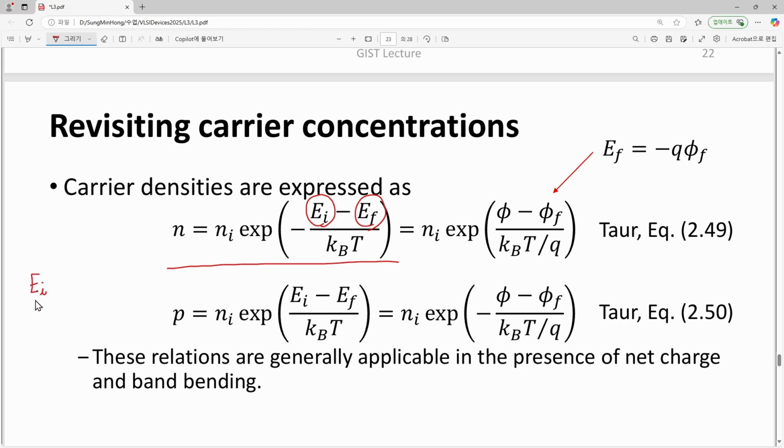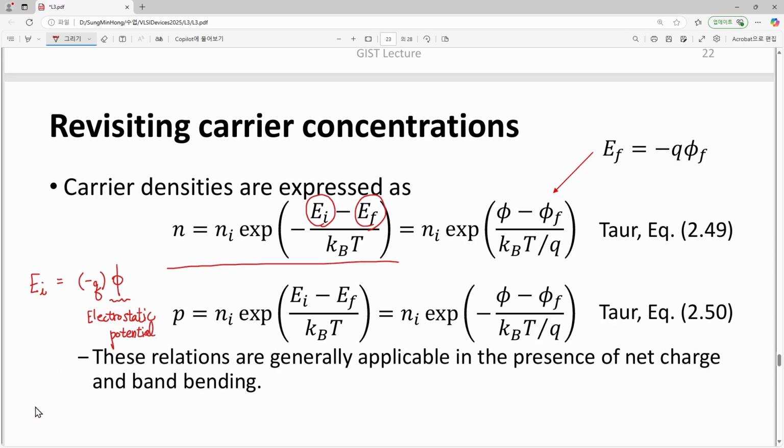E_i, this is the intrinsic Fermi level, and in order to represent this intrinsic Fermi level, we have introduced minus q times phi, and this phi is called what? It is called the electrostatic potential.